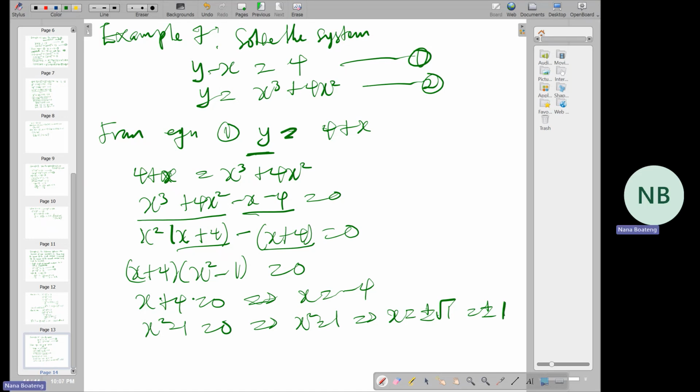All right, so we have three values of x, -4, +1, and -1. So we can substitute each of these values to find the corresponding y value.